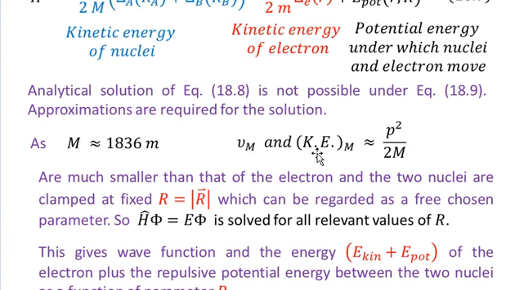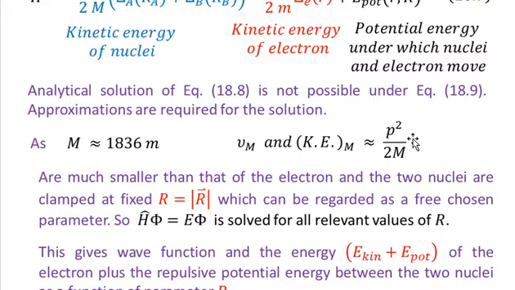Similarly, the kinetic energy of each nucleus, which can be written as p squared over 2M, where p is the momentum of each nucleus connected with the velocity Vm, will also be very small because M is very large in comparison with the mass of the electron. So the two quantities, Vm and the kinetic energy of each nucleus, are very small.